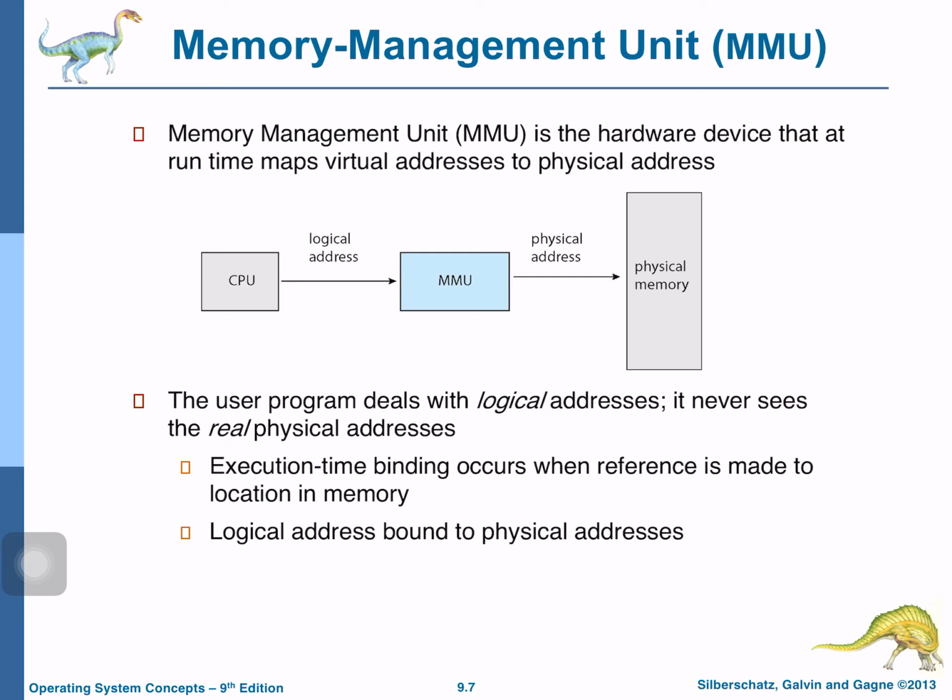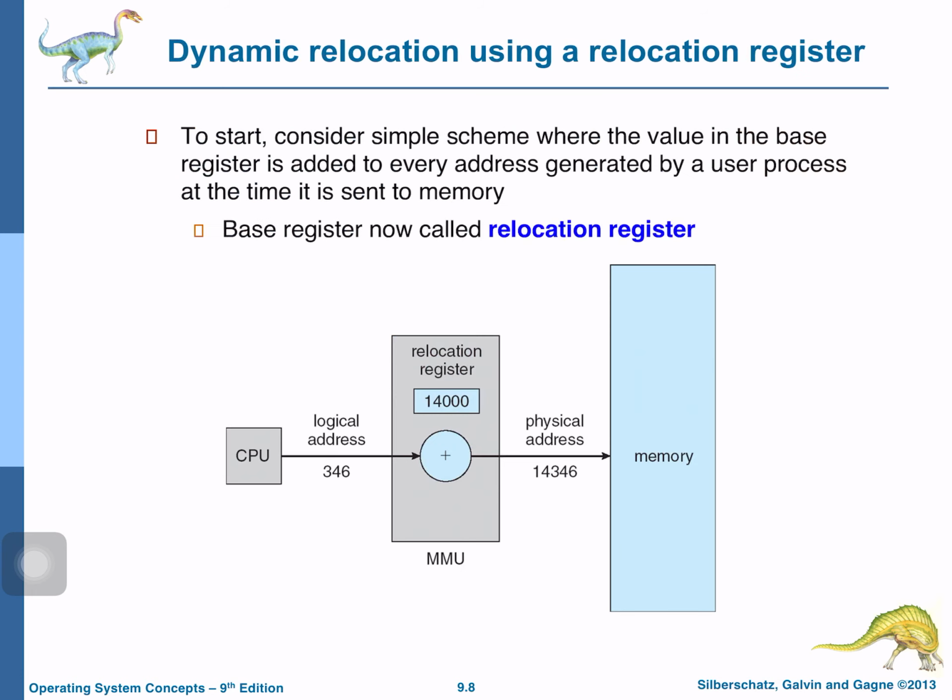Execution time binding occurs when reference is made to a location in memory. Okay, so that is address binding. Logical addresses are bound to physical addresses. So, dynamic relocation using a relocation register. Another way to do the address binding is using the relocation register. To start, consider a simple scheme where the value in the base register is added to every address generated by a user process at the time it is sent to the memory.